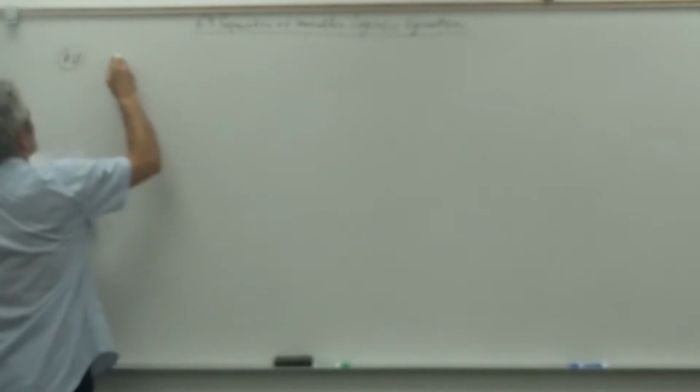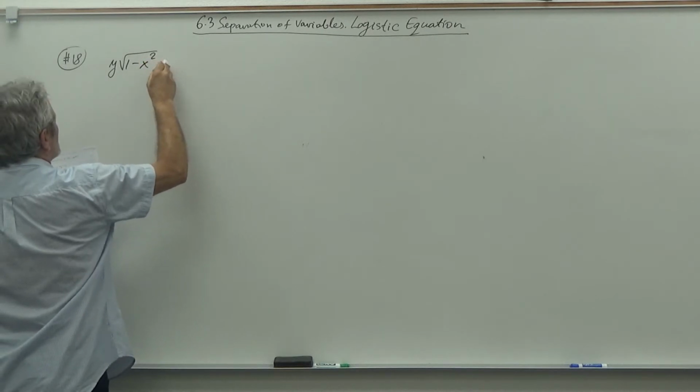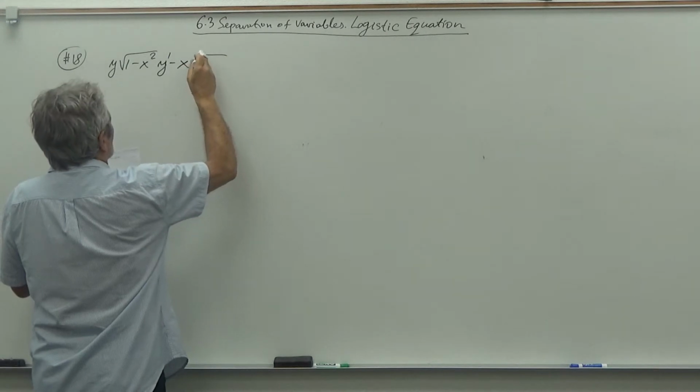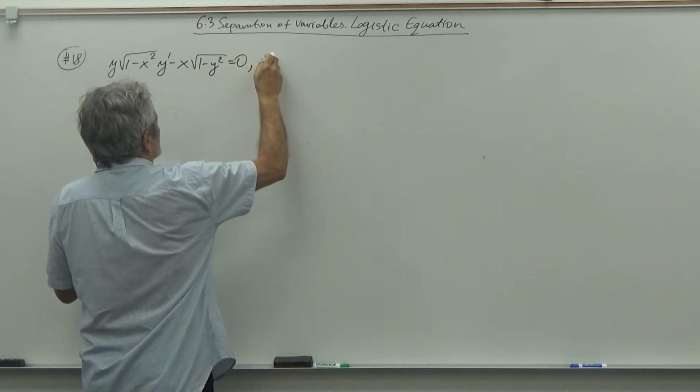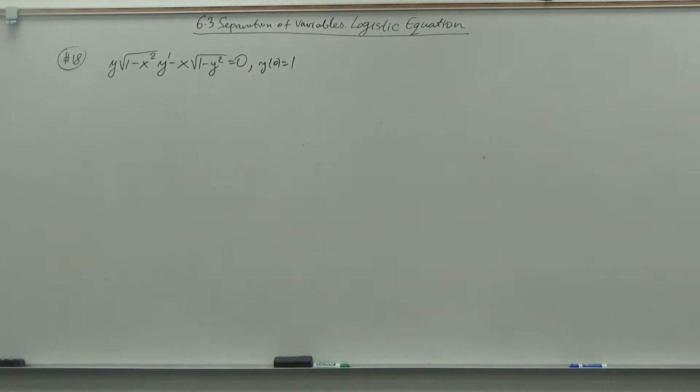y square root of 1 minus x squared y prime minus x square root of 1 minus y squared equals 0, and y of 0 equals 1. So this time we don't want the general solution, we want the particular solution containing the point 0, 1.